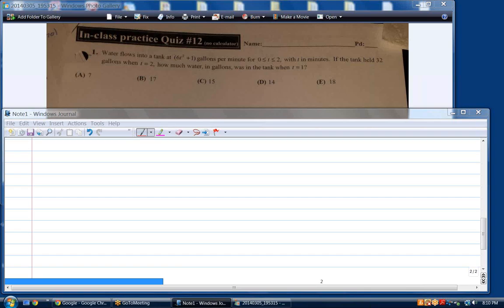Water flows into the tank at, that's a rate, so that is a derivative. If the tank holds 32 gallons when T is 2, how much water in gallons was in the tank when T is 1? Well, first of all, how much water goes into the tank? It's integral as net change.